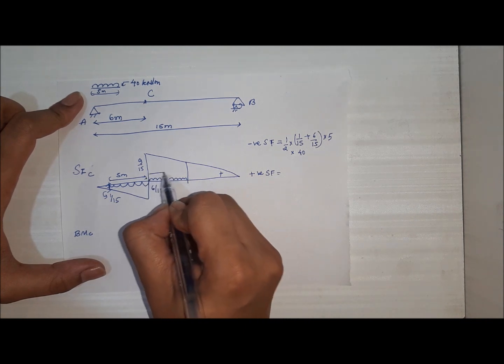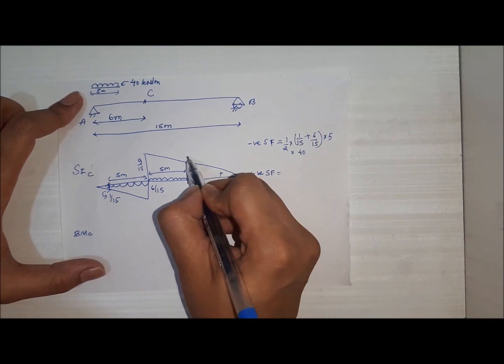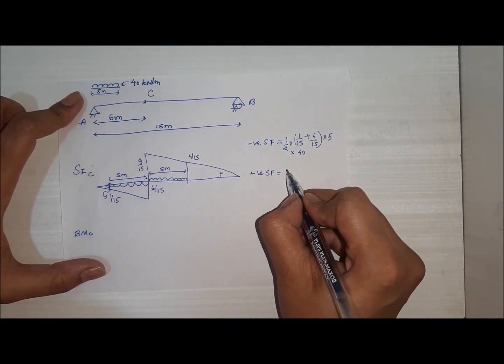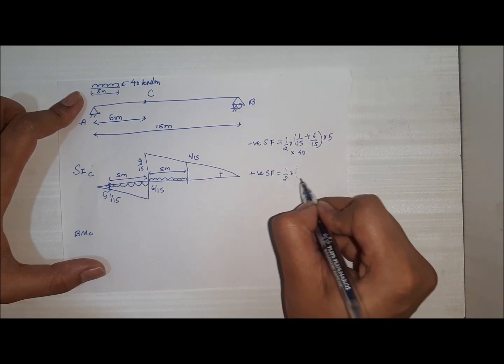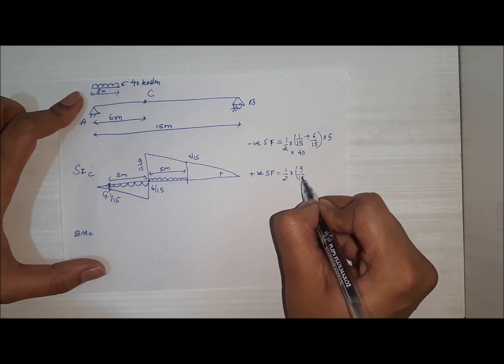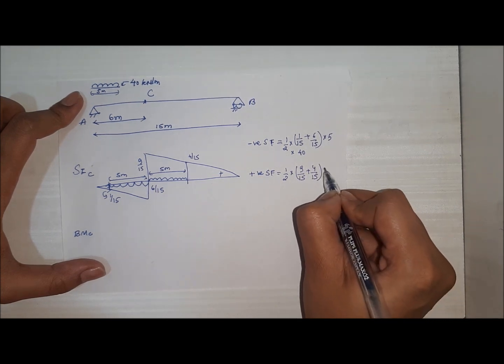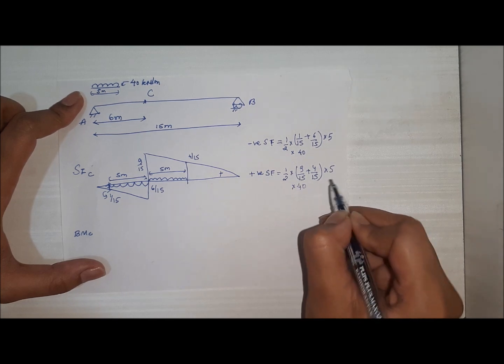Since the load is again 5 meters, this height is 4 by 15. So the positive shear force would be again the area of a trapezium, which is half into 9 by 15 plus 4 by 15, the sum of parallel sides, into the base, that is 5 meters, into 40.